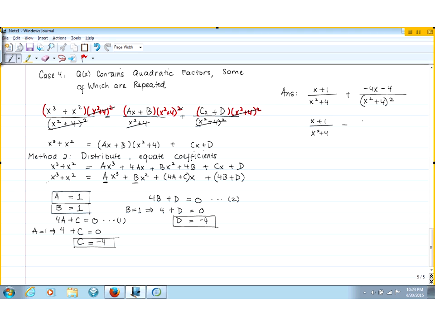So actually we could rewrite these as x plus 1 over x squared plus 4 minus 4x plus 4 over x squared plus 4 squared, where the minus sign is distributed through. Either one would work. Okay?